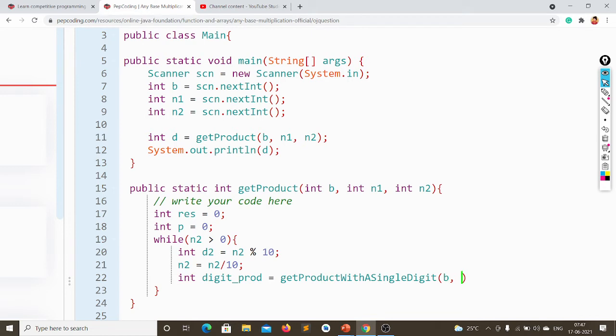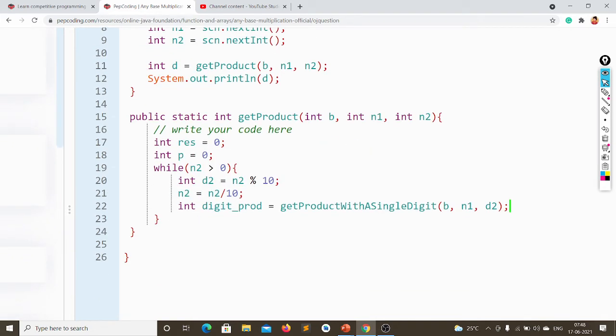I'm passing base, n1 and my digit d2. Okay, so I'm multiplying using this function now. I'm writing that function separately here, so see that.